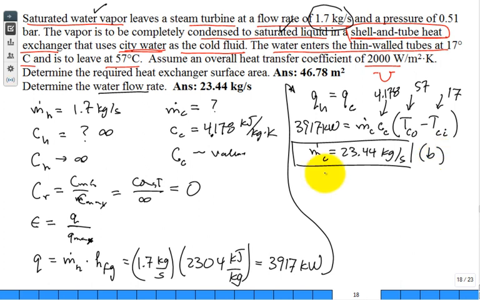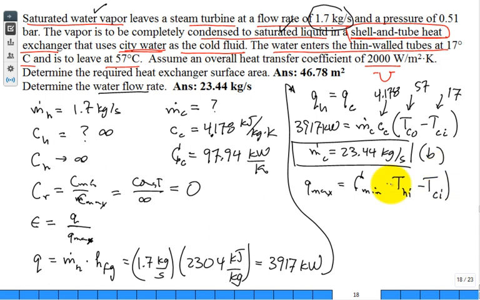Well, why did I want that? Because I can now calculate the heat capacity rate of the cold fluid. It is 97.94 kilowatts per Kelvin. So that I can calculate Q max, which is the minimum heat capacity rate, which we just calculated, times the temperature hot in minus temperature cold in.